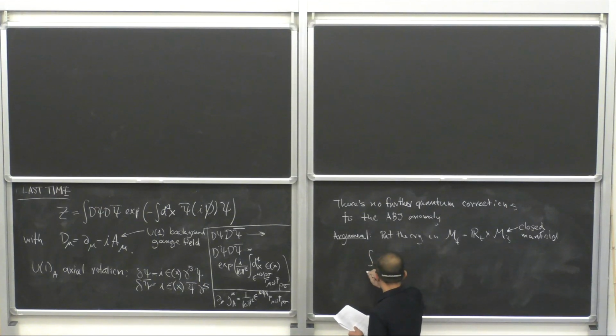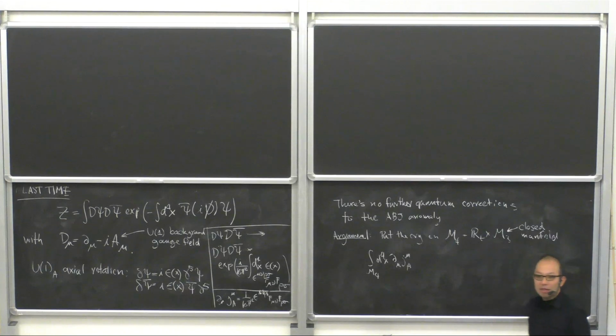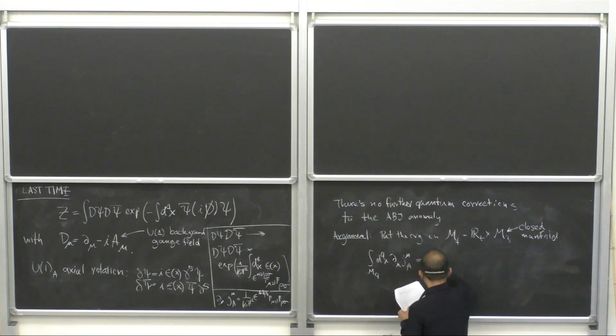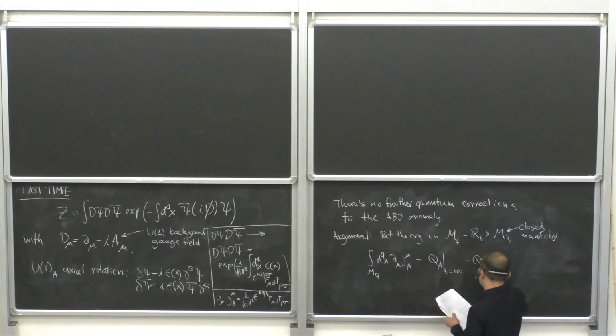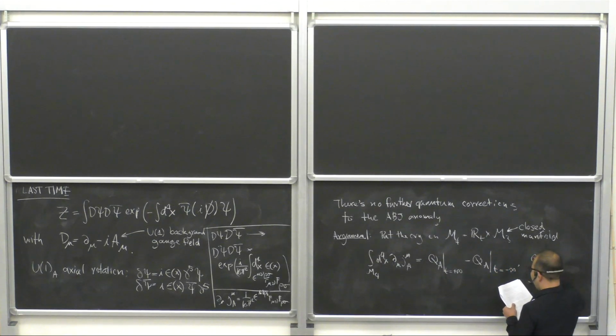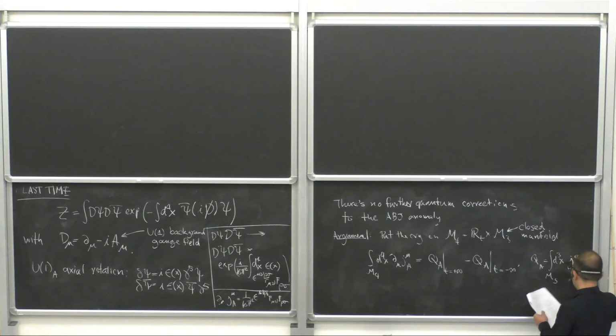So you have the integral over M4 of d4x, partial mu j mu A, and you can use Stokes' theorem to write it as Q_A at t equals plus infinity minus Q_A at t equals minus infinity, where Q_A is defined to be the integral of J0 A. You agree?